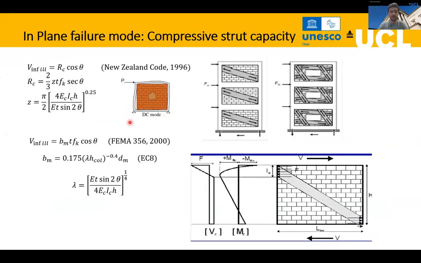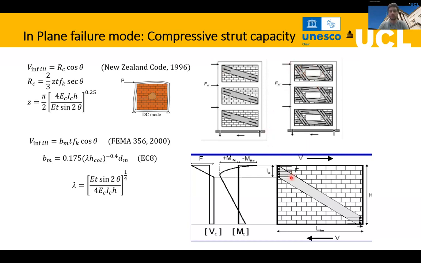And in particular, when we analyze this type of wall inside a frame, as you can see here, what will happen with this frame is that you will have a behavior, when you apply some lateral force, like this was a compressive strut. If you have any openings, the strut will behave something like this.